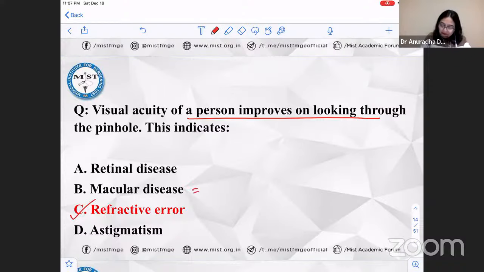In macular diseases, it will decrease on looking through the pinhole. Retinal disease will depend, because if it is extensive, it will not improve. Improvement occurs only when there is refractive error, and that too usually up to 3 diopters, because otherwise it will not improve with the pinhole. Right? So the pinhole improves vision in cases of refractive error.